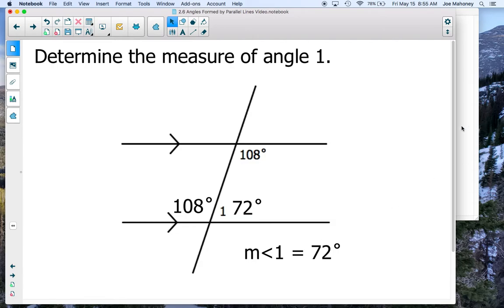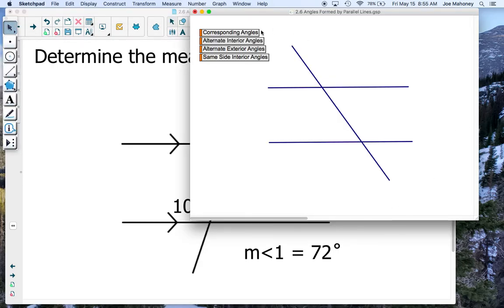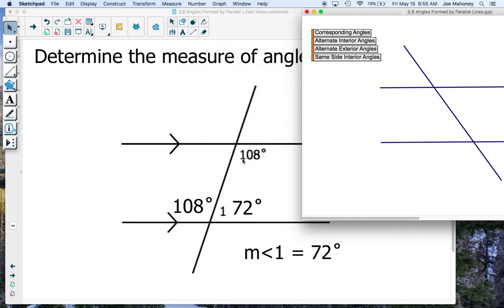Let's go back to Geometry Sketchpad for a sec. Because we hit corresponding angles, alternate interior and alternate exterior. But if you look at those two angles there, the 108 and the 72, they're not alternate interior, they're not alternate, they're not any of those angles. Instead, they are what we call same side interior angles.